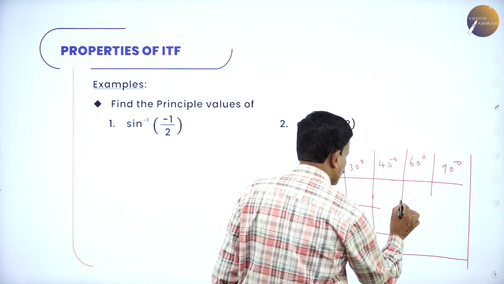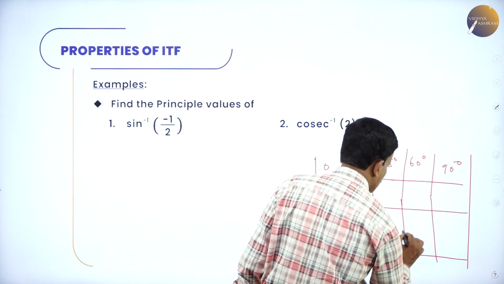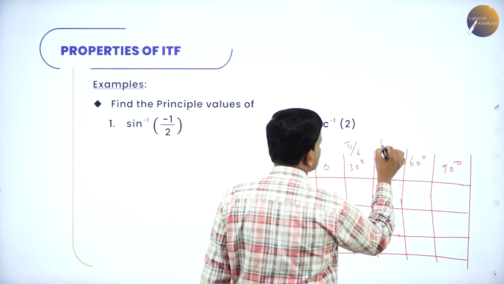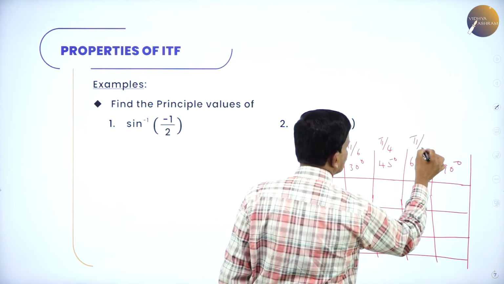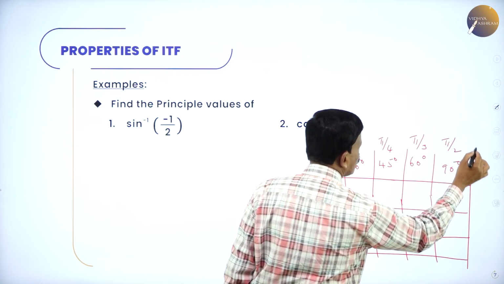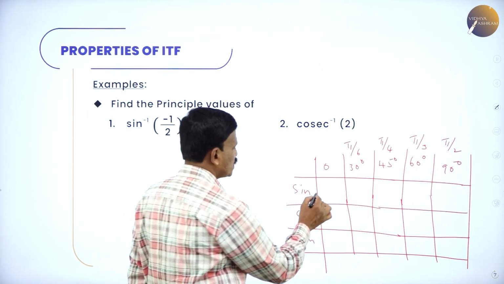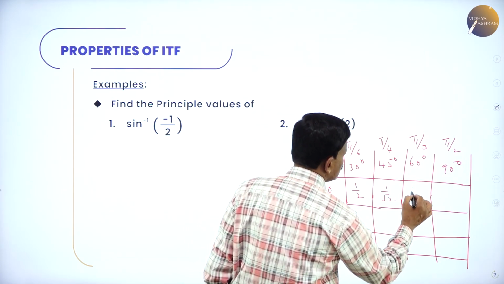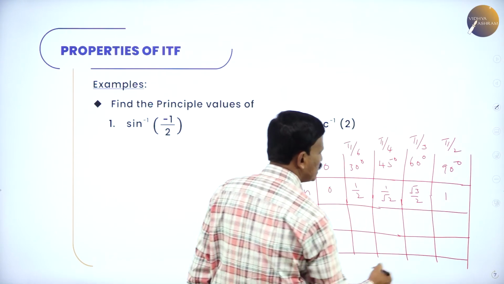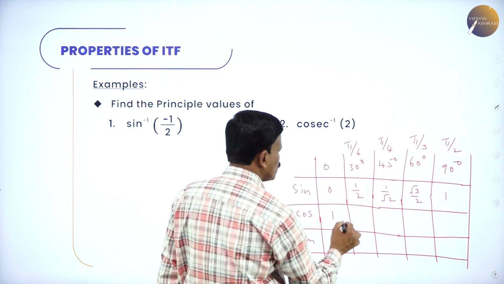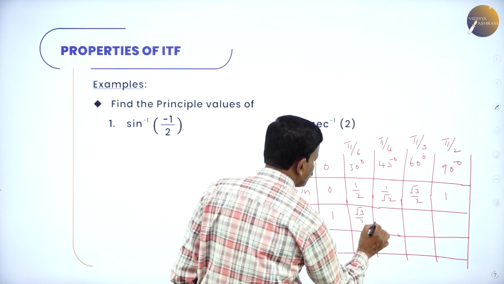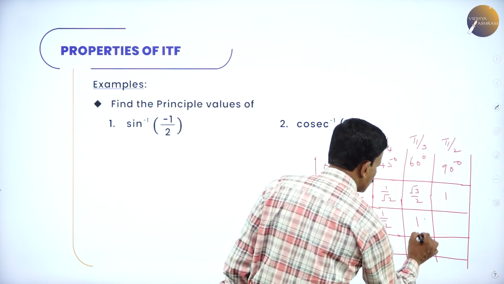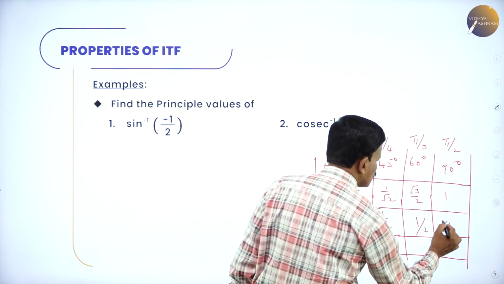In the previous class I explained, this is pi by 6 radians, this is pi by 4 radians, this is pi by 3 radians, this is pi by 2 radians. Now you know sine 0 is 0, sine 30 is 1 by 2, sine 45 is 1 by root 2, sine 60 is root 3 by 2, sine 90 is 1, and reverse this. Cos 0 is 1, cos 30 is root 3 by 2, cos 45 is 1 by root 2, cos 60 is equal to 1 by 2 and cos 90 is equal to 0.